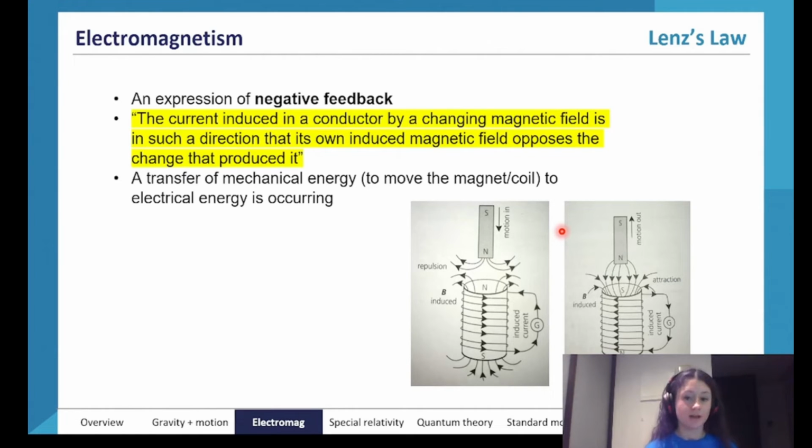The reason for that is because you are changing the magnetic field, which is going to induce a current around the coil. So if you didn't need to pull on the magnet and put energy into pulling the magnet, there wouldn't be any energy for the current to be induced.